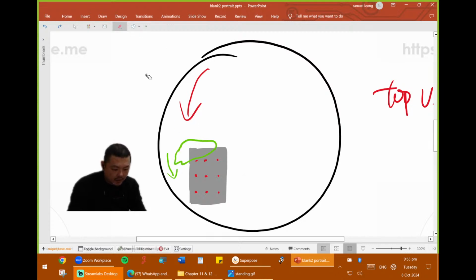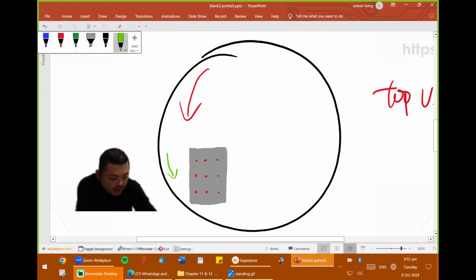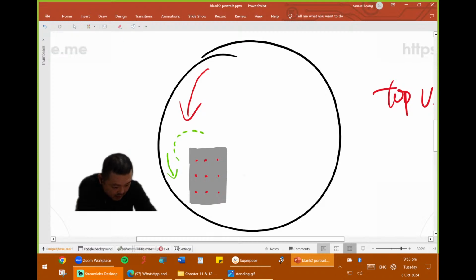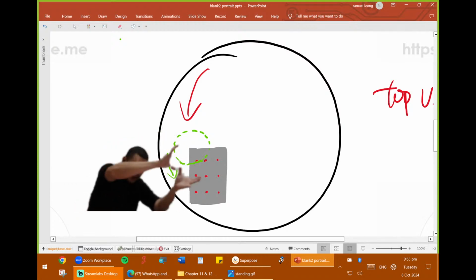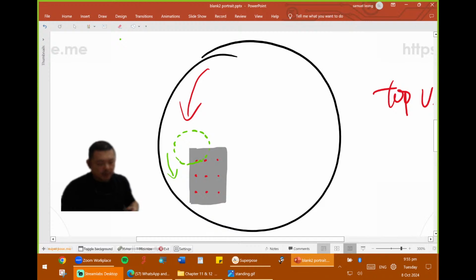Let me just move this out of the way first. Hang on, maybe it's not a good picture. Let's consider a circular region. Okay, so this area of the disc is going in, good.